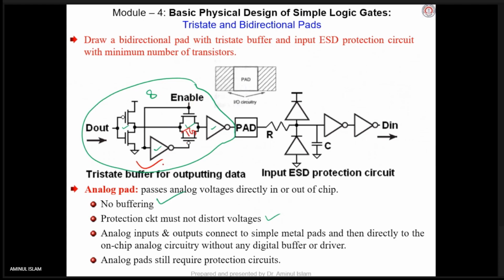Once it is enabled with 1, obviously this is 0, so the switch is on, and D out you are sending, say, 1. So this is 0 here, and this is 1 here. Once enabled, your data is reaching this pin, and through this it can go to the outside world, say an external chip.